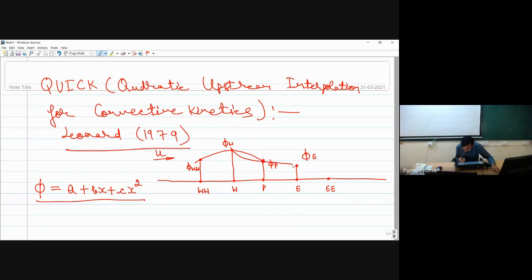So this is another curve fitted between points W, P, and E. This first curve is fitted between WW, W, and P, and the second curve is fitted between W, P, and E. Let me number the second as 2 and the first as 1.